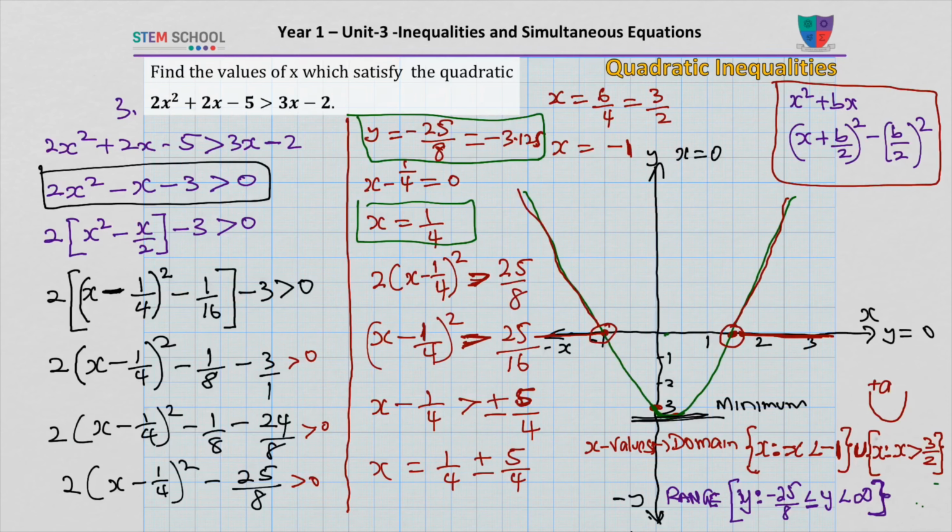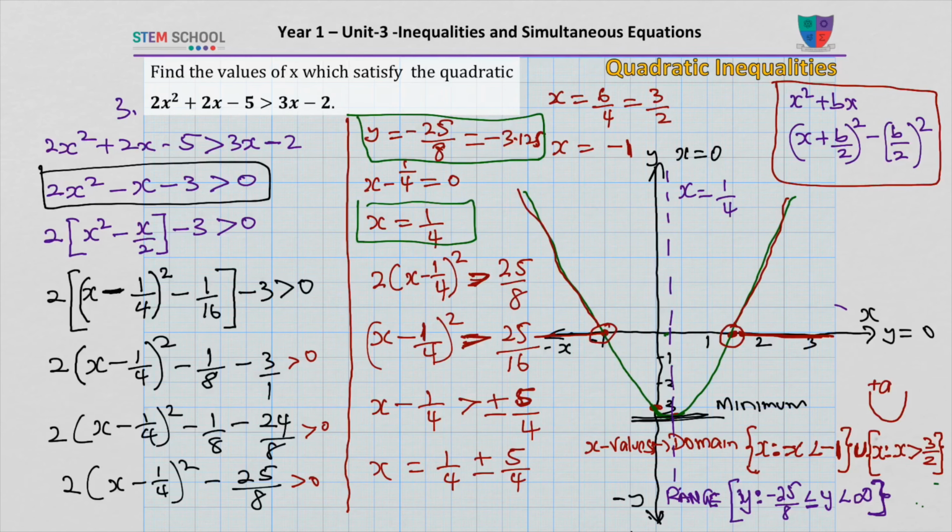And the line of symmetry, which we should have drawn, goes through the quarter, and the equation of the line of symmetry is x equals a quarter.